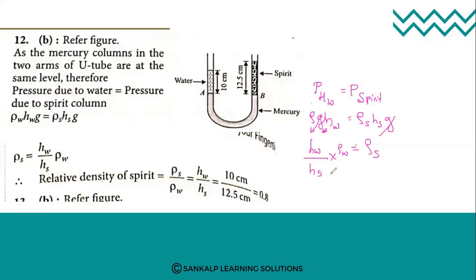But the relative density is given as rho S, that is the density of the spirit upon density of the water, is equal to the height of the water to the height of the spirit. So height of the water is 10 and height of the spirit is 12.5. So if you simplify, the answer is 0.8. That is option B is the right answer.